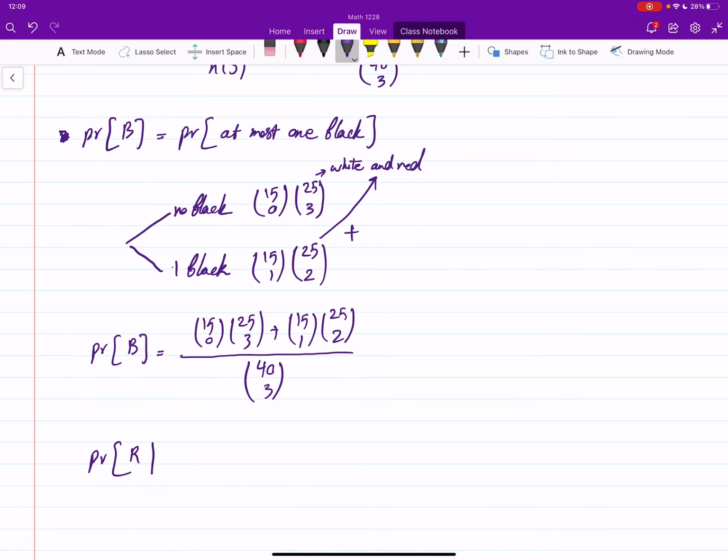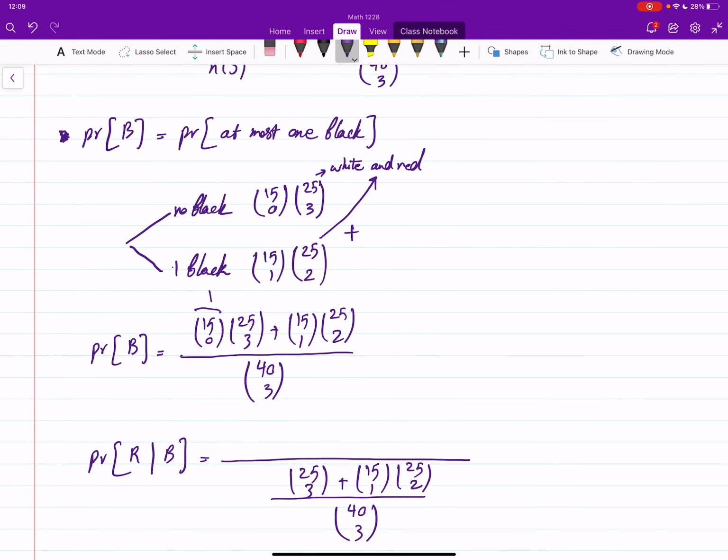Now that we have both of these, the probability of R given B is going to be, well, the B is here. I won't write 15 choose 0 because the whole thing here is just 1. So we'll write 25 choose 3 plus 15 choose 1, 25 choose 2 divided by 40 choose 3.